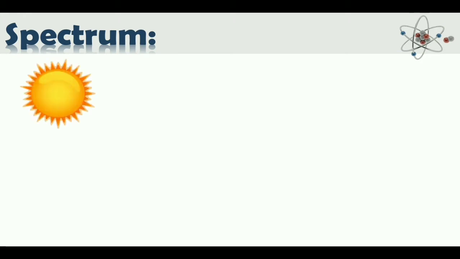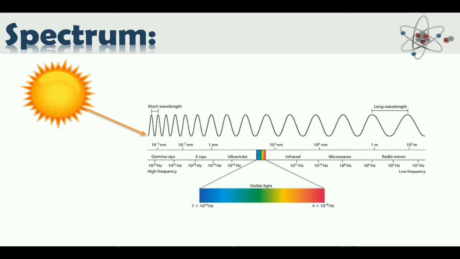Now this is the sun, from which light comes out, and you can see there are so many different frequencies observed in the electromagnetic spectrum. Starting from gamma rays, you can see my cursor, gamma rays.